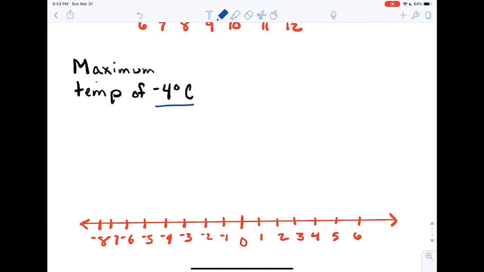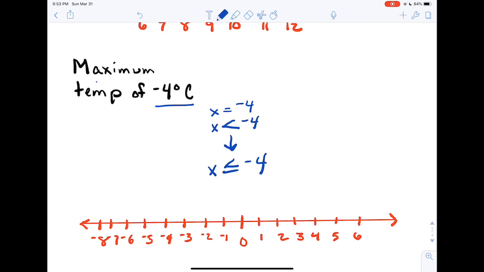So it could equal -4, or it could be less than -4, either one. So I'm going to combine those, and I'm going to write that it can either be less than or equal to -4.